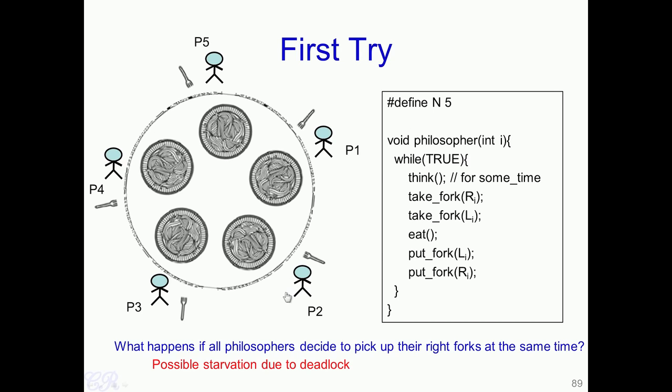Then P2 is waiting for P3 to put down the fork, P3 is waiting for P4 to put down the fork, P4 is waiting for P5, and P5 is waiting for P1. So, every philosopher is waiting for another philosopher, thus creating a chain, and this waiting will go on infinitely, leading to starvation, which we often call a deadlock.